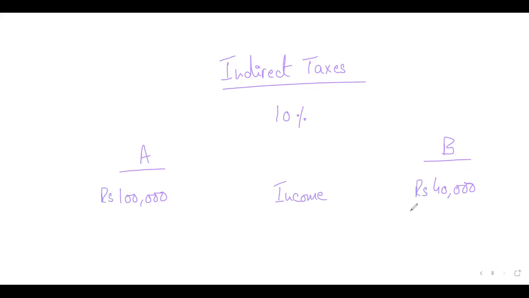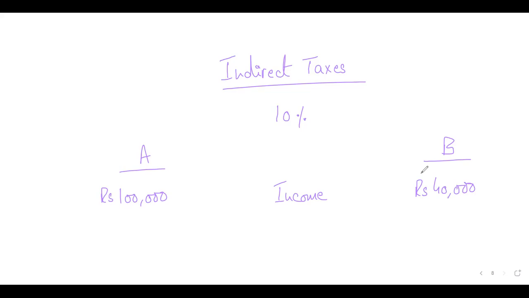Now, my question to you is, let's say the number of people in their houses is the same. Do you think that this guy would be buying a lot more bread or butter, the basic food items, compared to this one, given the number of family members is the same?